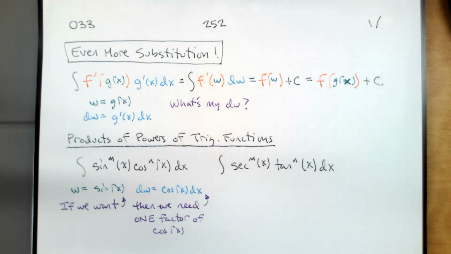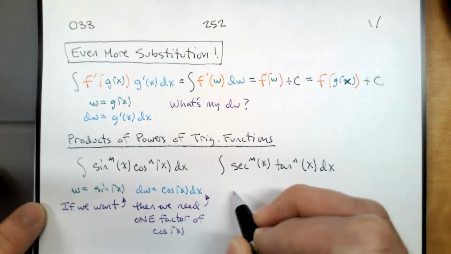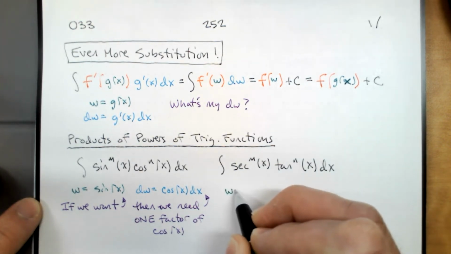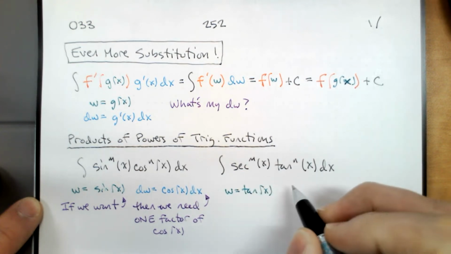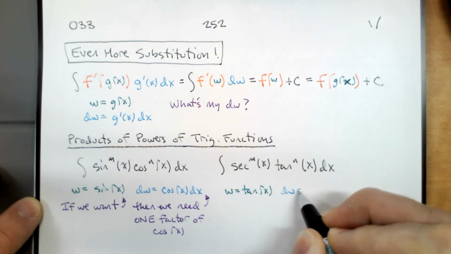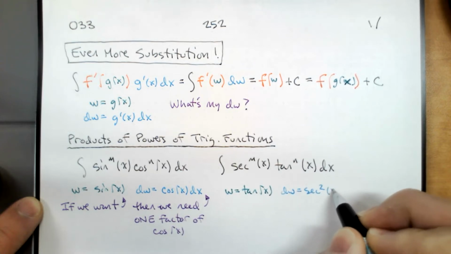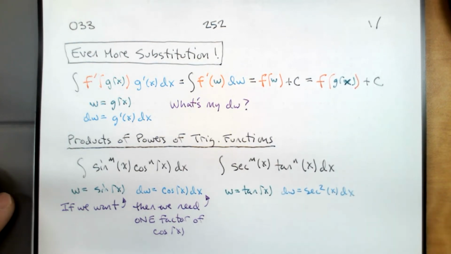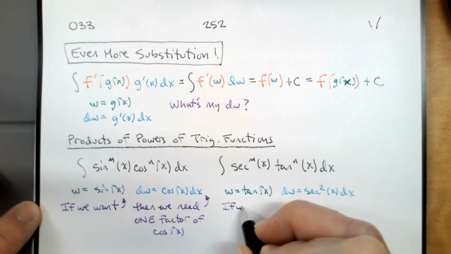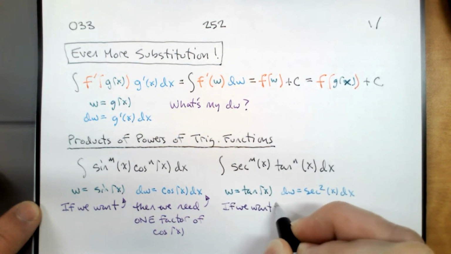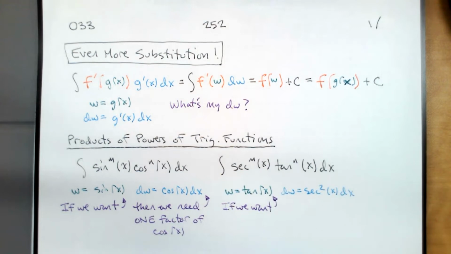On the other column, one of the substitutions we might make is tangent. If w is equal to tangent x, if I want to make this substitution, then dw is secant squared. So if we want w equals tangent x, then we need 2 factors of secant.